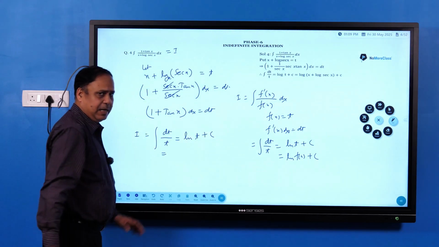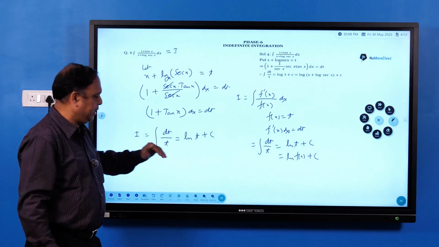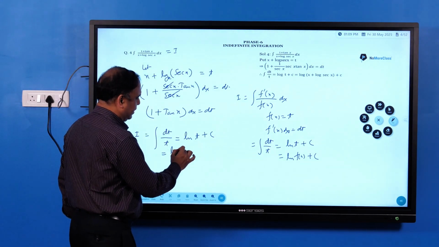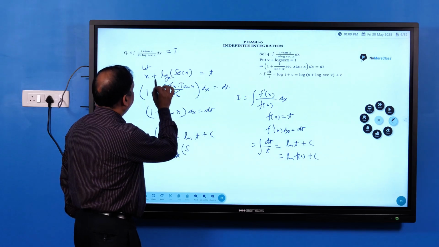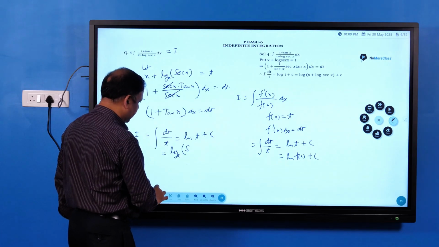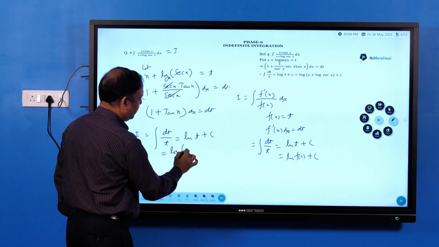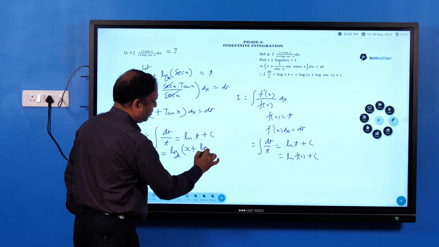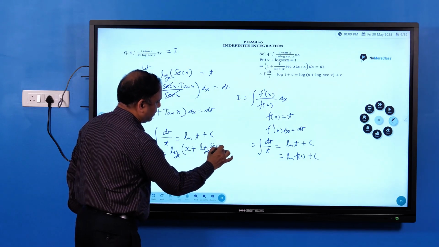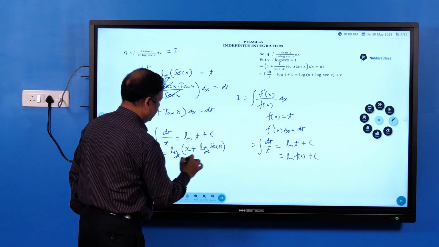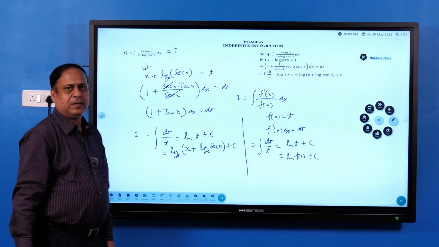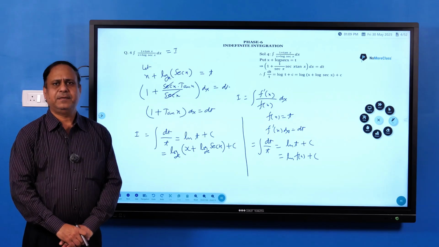You can write either ln or you can write log to the base e. In this form also I can write sec x. What is t I have taken? t I have taken as x plus log e sec x, plus c. This will be the answer of this.